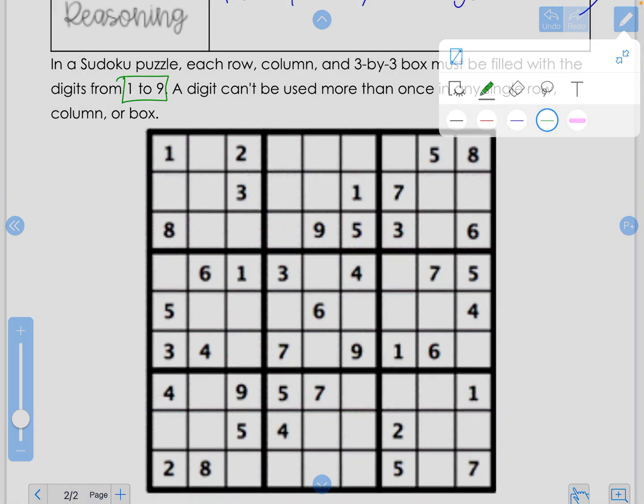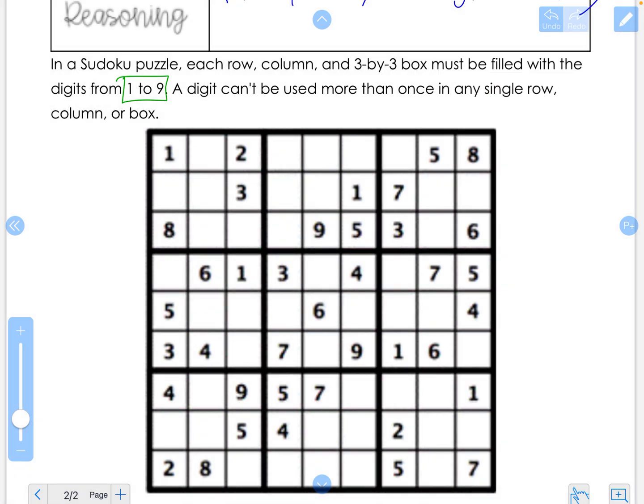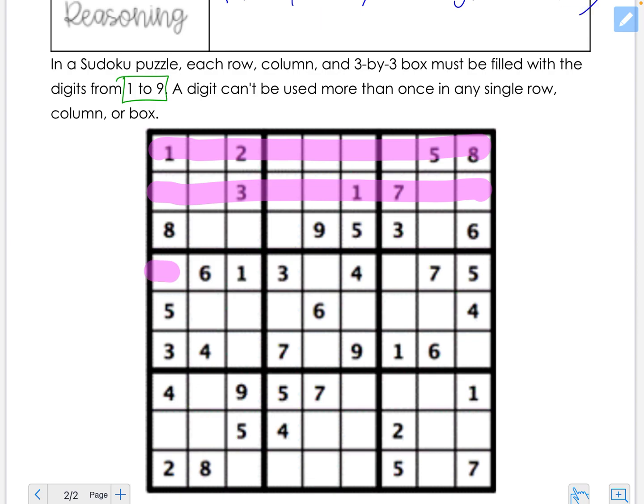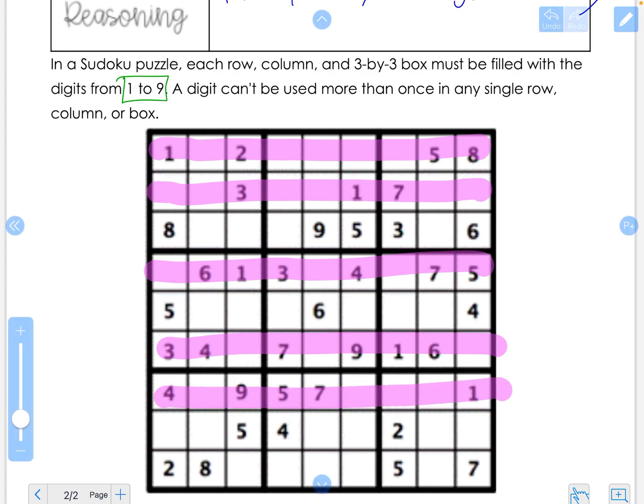So one way that we can think about this is by using our process of elimination. I need to make sure that I have a 1 in every spot that I'm supposed to have it. So I cannot have a 1 in this row since a 1 is already there. I also cannot have a 1 in that row since a 1 is already there. Same for that one, same for that one, same for that one. Now we start looking by columns.